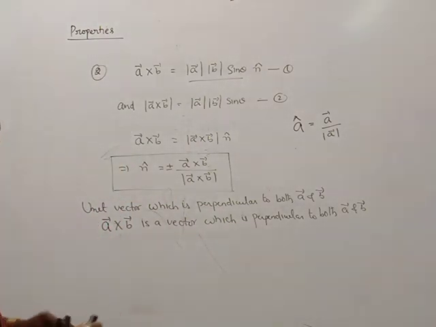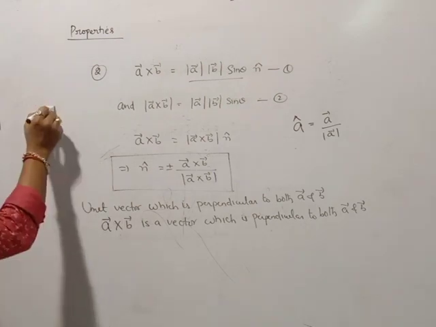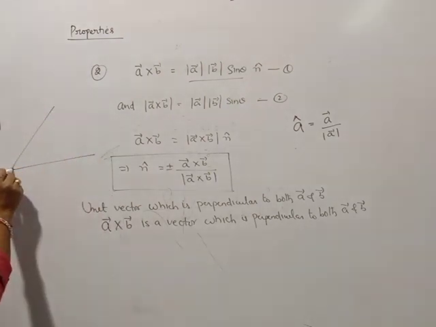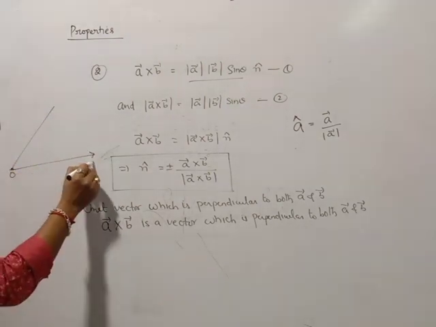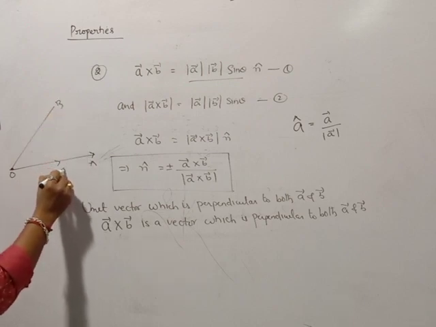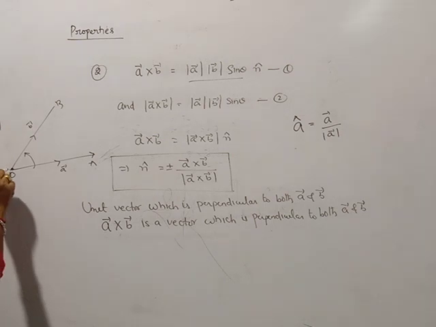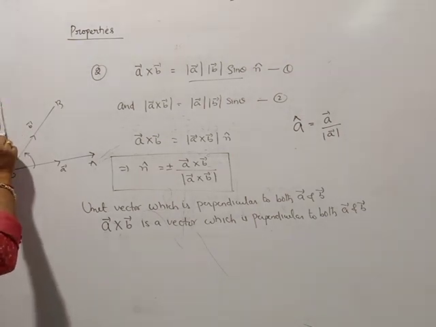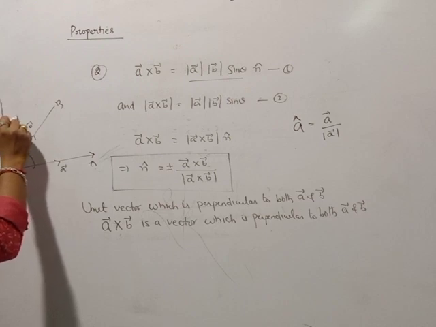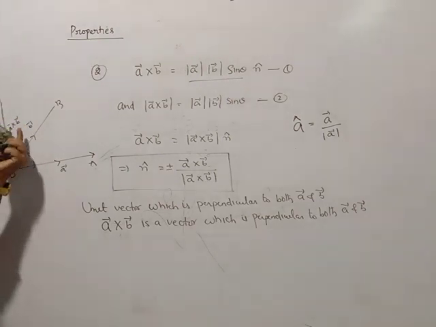What you can get from this concept is, if you draw it like this, OA and OB, it is the A bar and it is the B bar. You multiply through this angle anti-clockwise, and it gives the unit vector direction; in this direction only is A bar cross B bar. This is the vector A bar cross B bar.